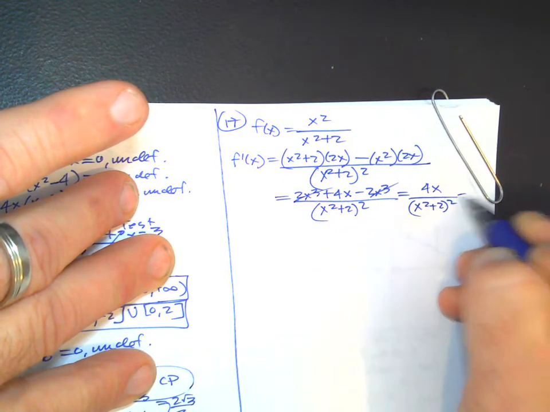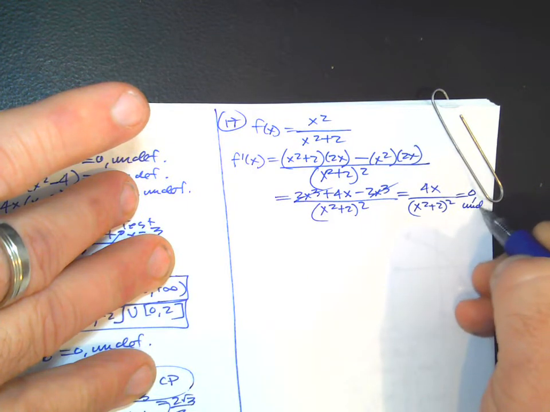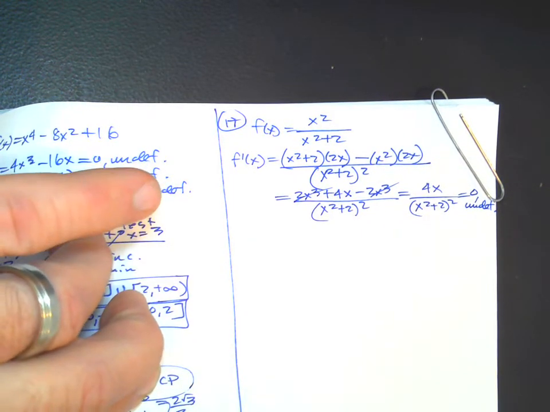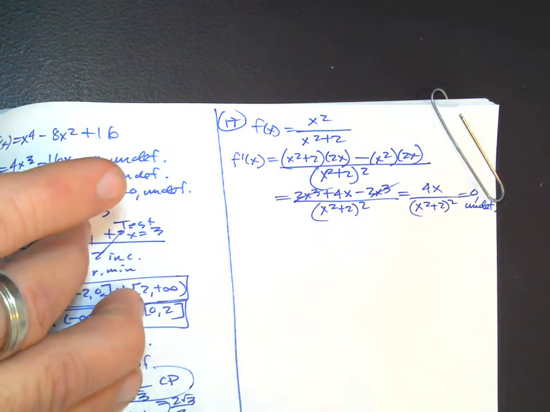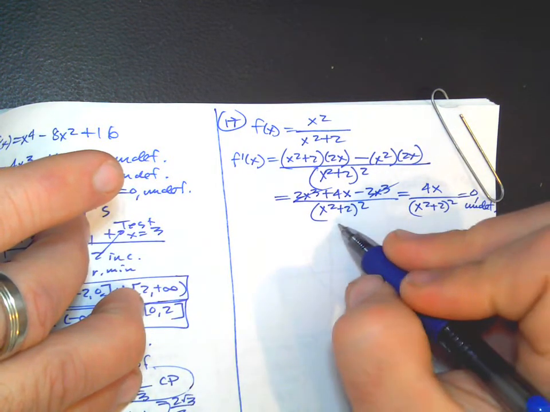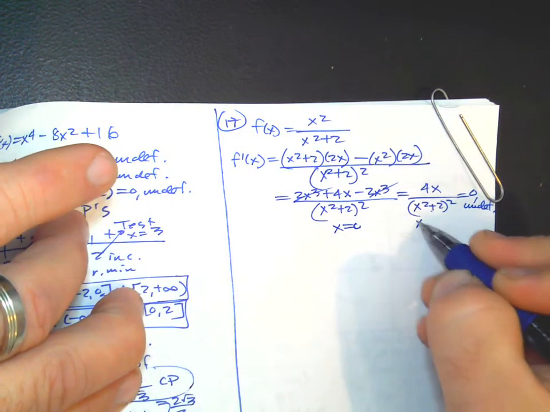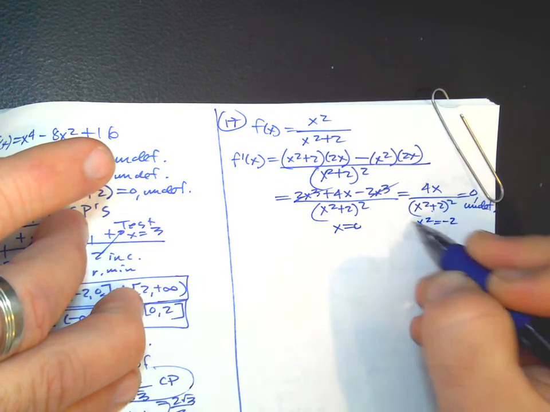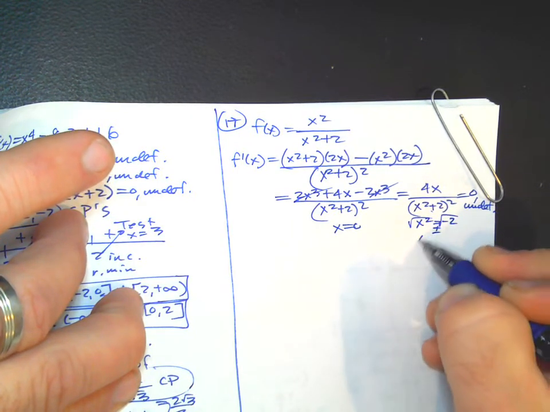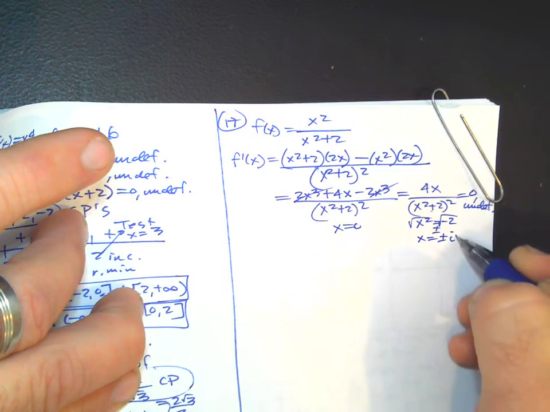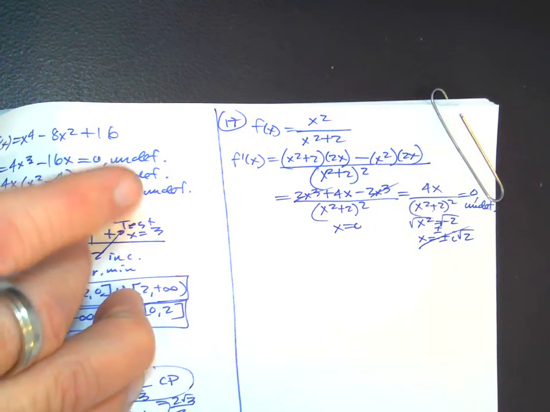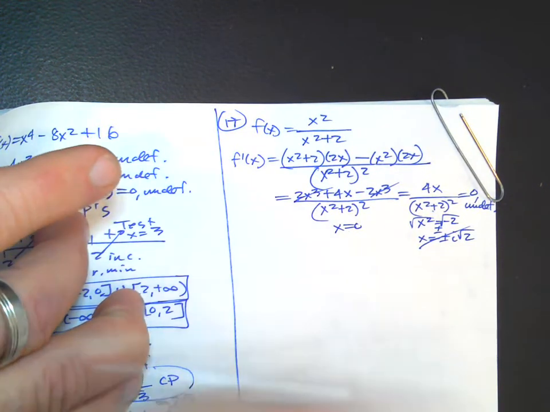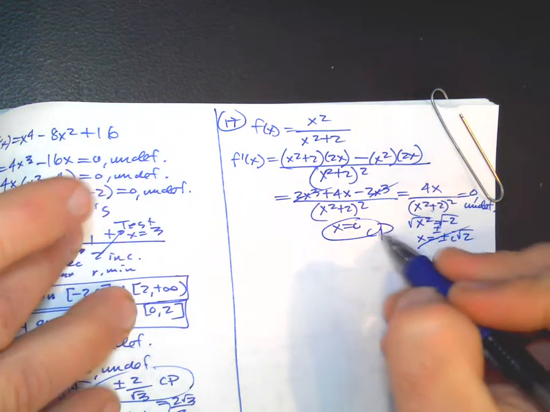So we're going to set that equal to 0 or undefined to find critical points. We get one from the top, x equals 0, but when you set the bottom equal to 0, you get imaginary, which we're not going to put on graphs, but I still need to see the work for it. So this is our only critical point.